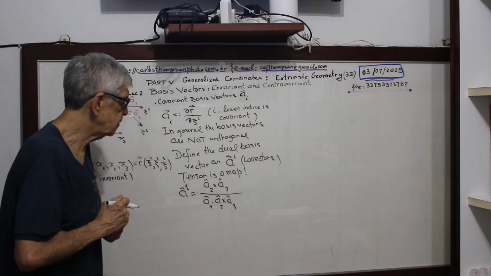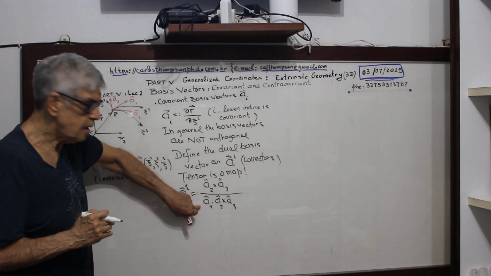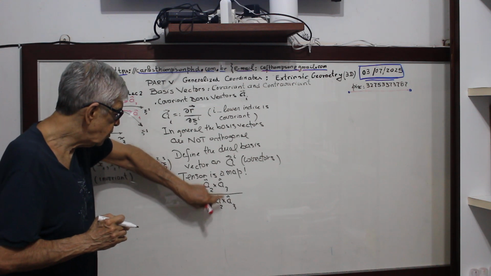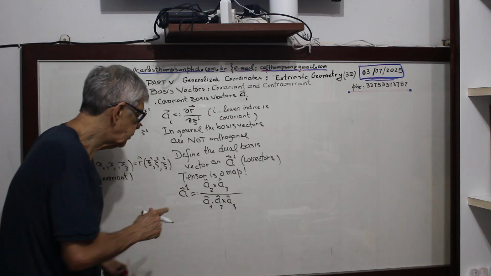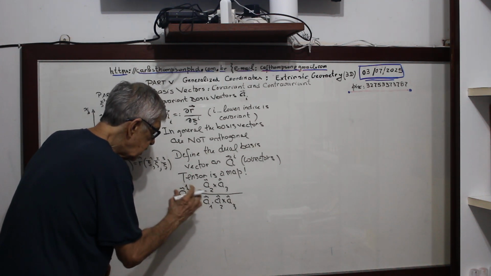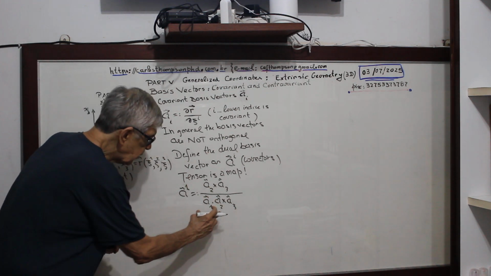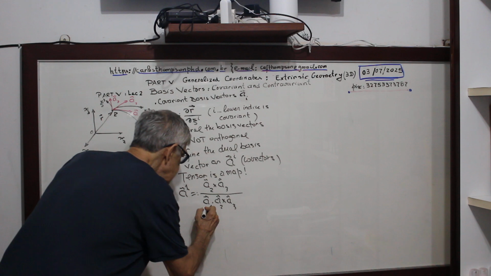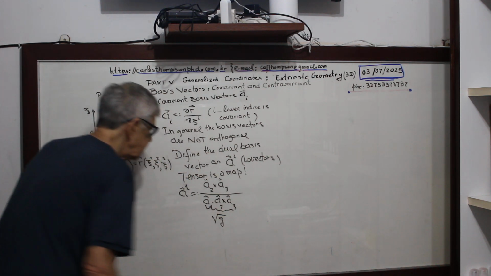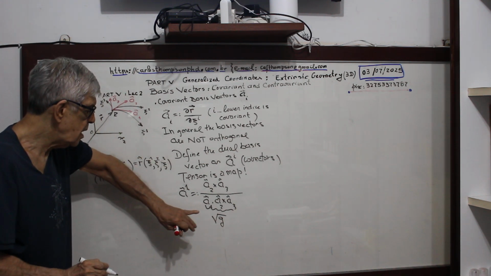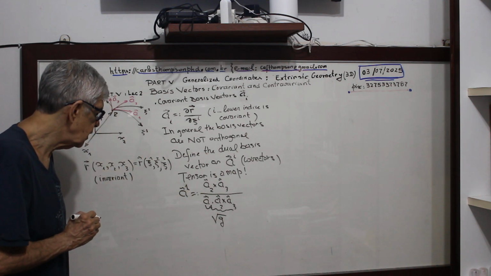Look how interesting. Go to part 1 and see all this derivation. In part 1, you see clearly it is derived there in detail that this is the square root of g. But let's fix on this definition.